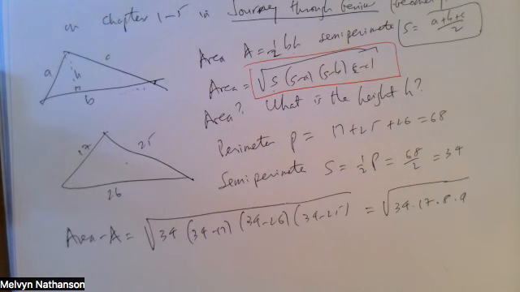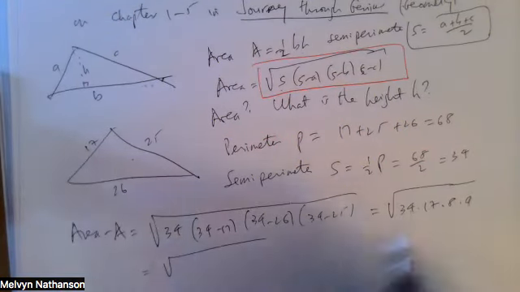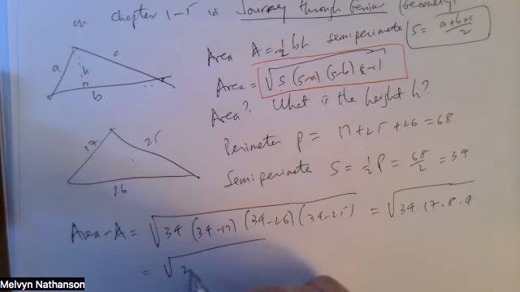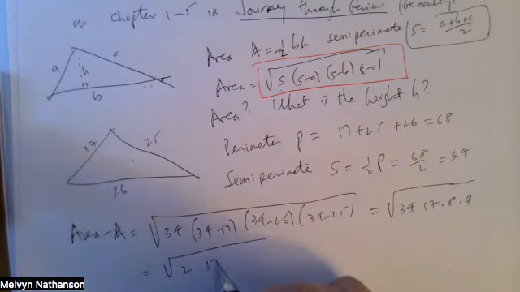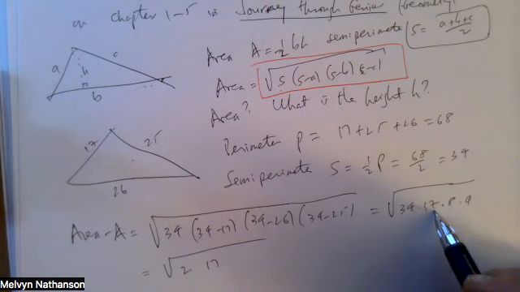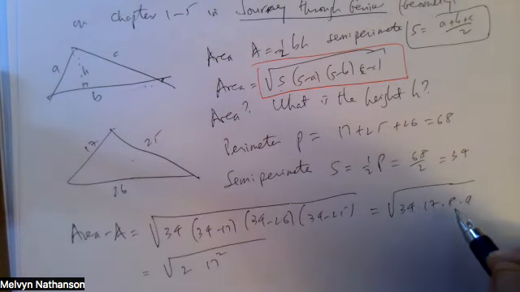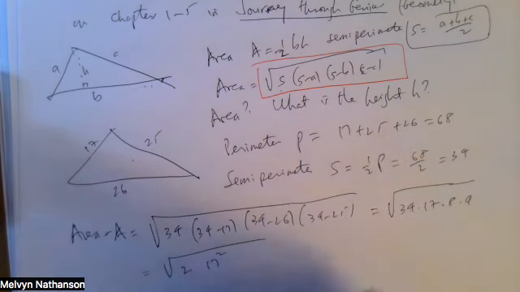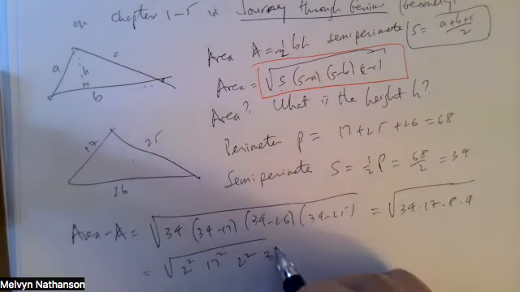Let's see if I can calculate that without even using my calculator. Let's see, 34 is 2 times 17. Times 17, that's 17 squared, times 8, which is 2 times 4, which is 2 squared, times another 2 squared, times 9, which is 3 squared.